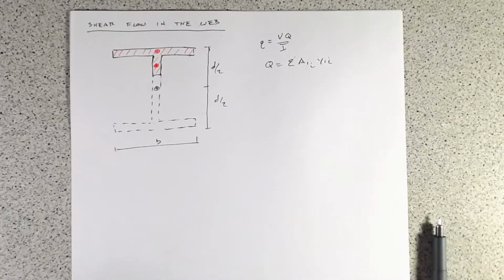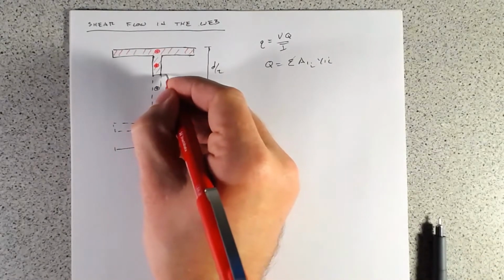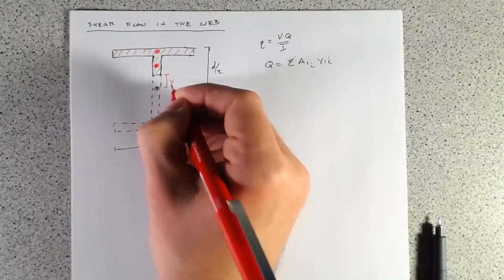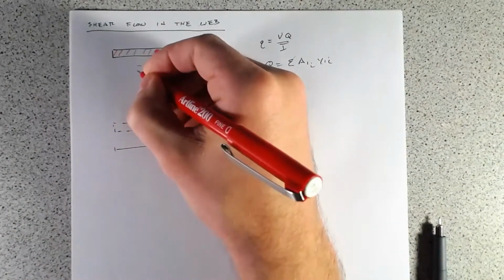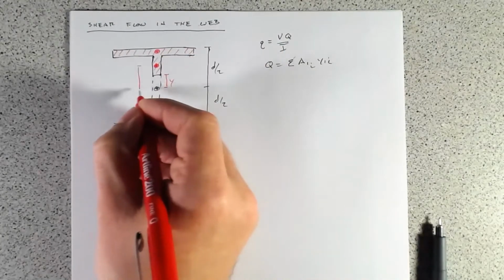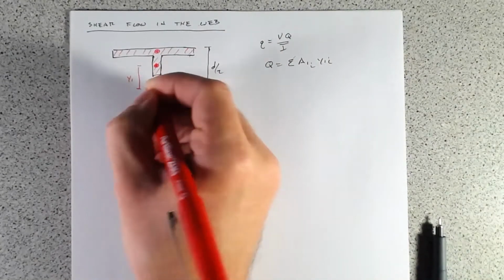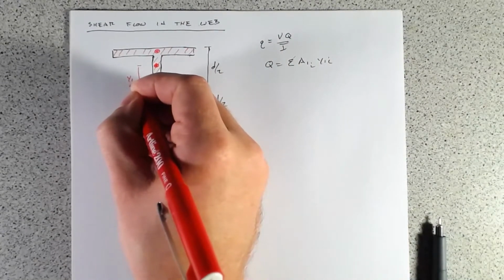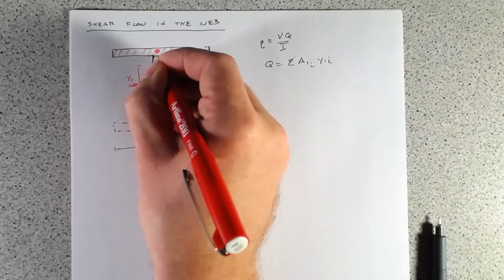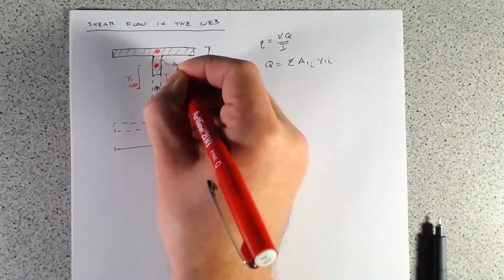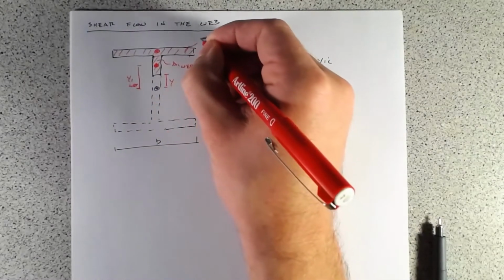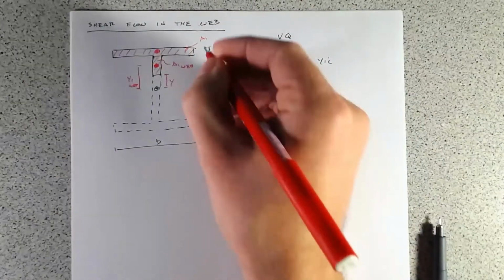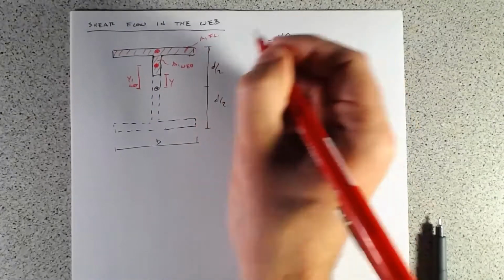And so if we do that, our distance y is here. We have y1 web, and that's a1 web. This is a1 flange.